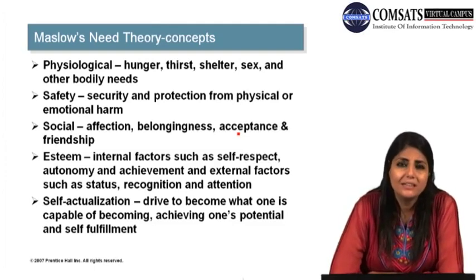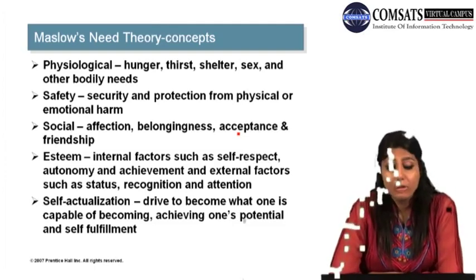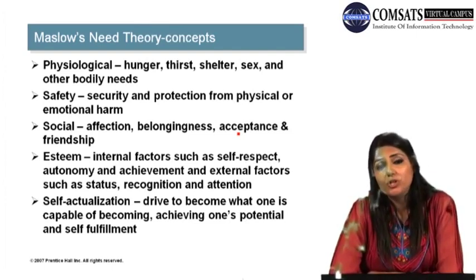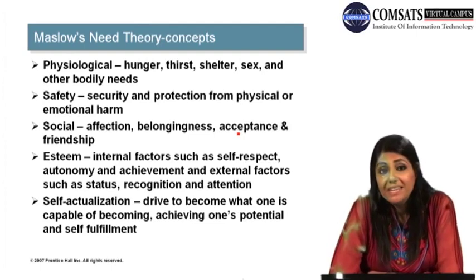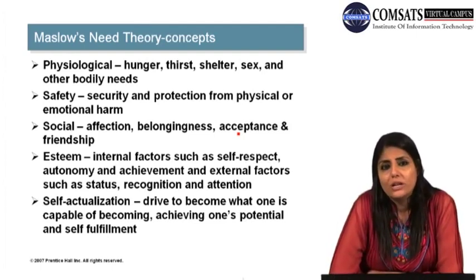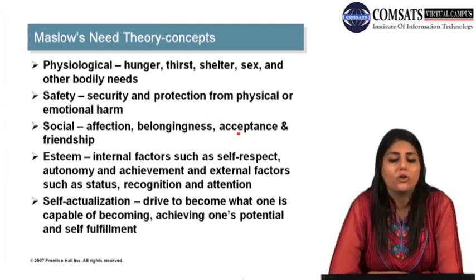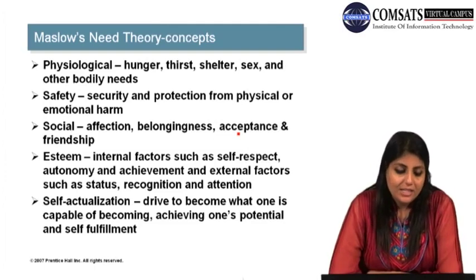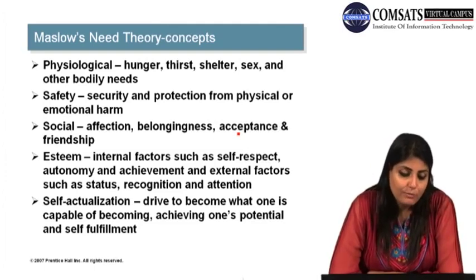They are your physical requirements, and unless you meet those needs, you cannot think of meeting other needs. Think of yourself: unless your hunger and thirst are satisfied, you cannot move up, right? So they're your basic needs, such as shelter and other physical and bodily needs.